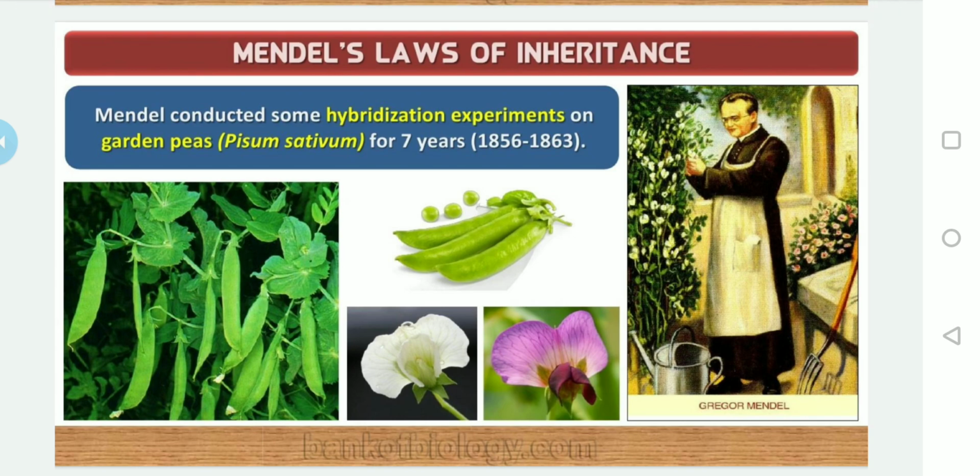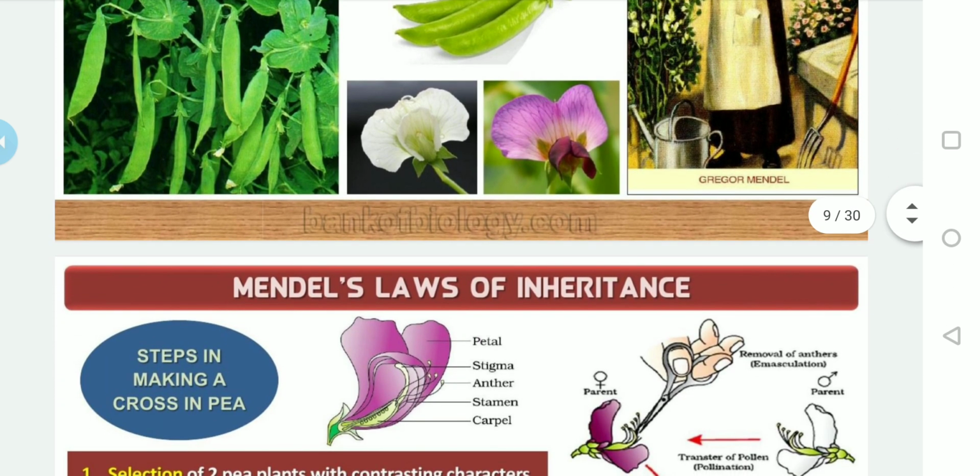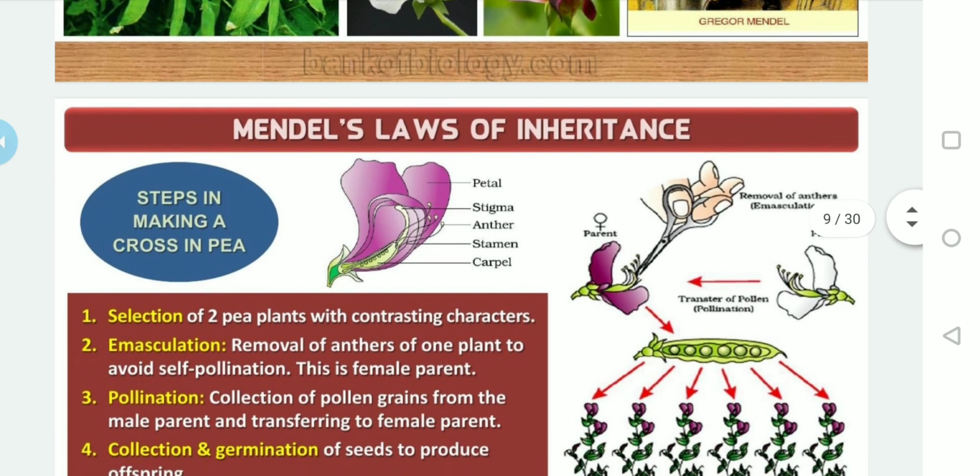The scientific world then recognized the significance of Mendel's principles of inheritance, and from that day onwards honored him as a scientist and recognized him as the father of genetics. So this is briefly about Mendel.